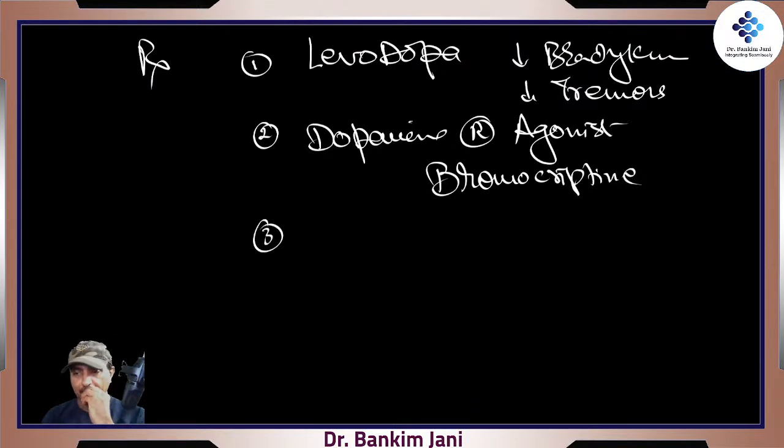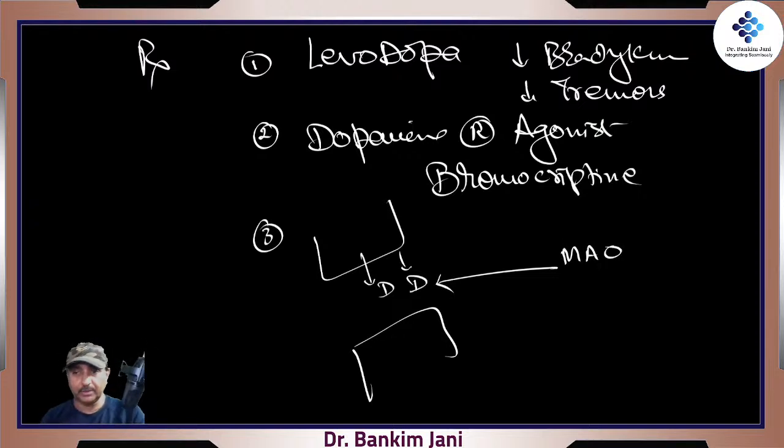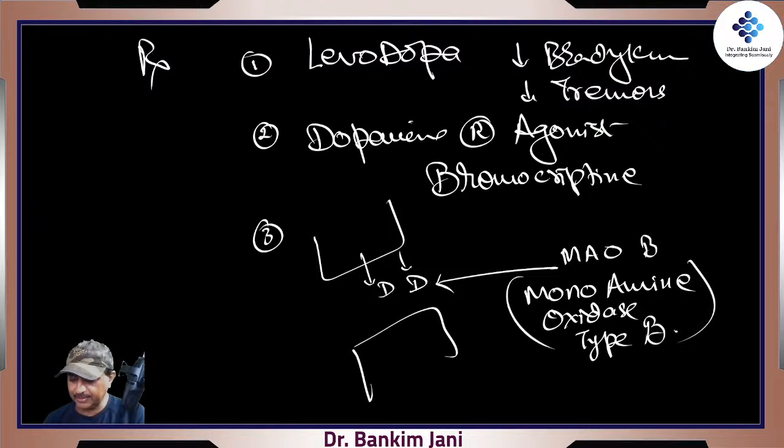Third, we have a few chemicals which will break the dopamine. In the synapse, when the dopamine is released, this dopamine is attacked by MAO, monoamine oxidase, in fact to be very specific, type B, MAO B. They will be attacking this dopamine to remove it.